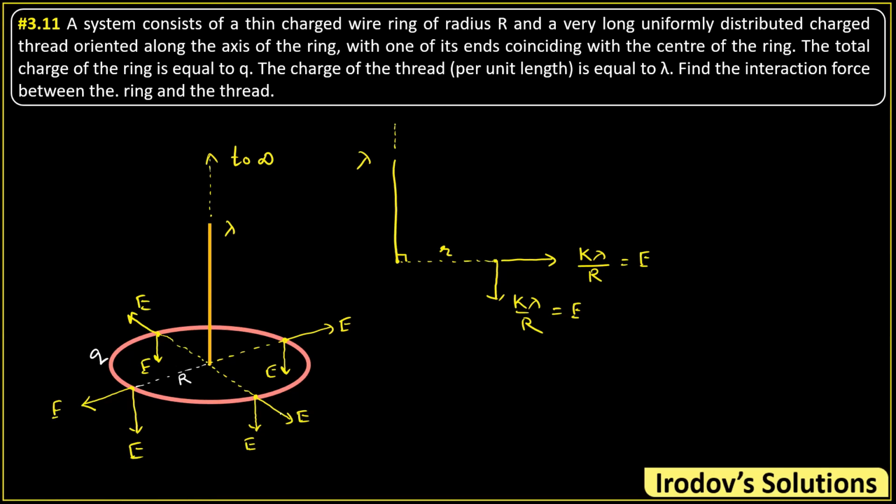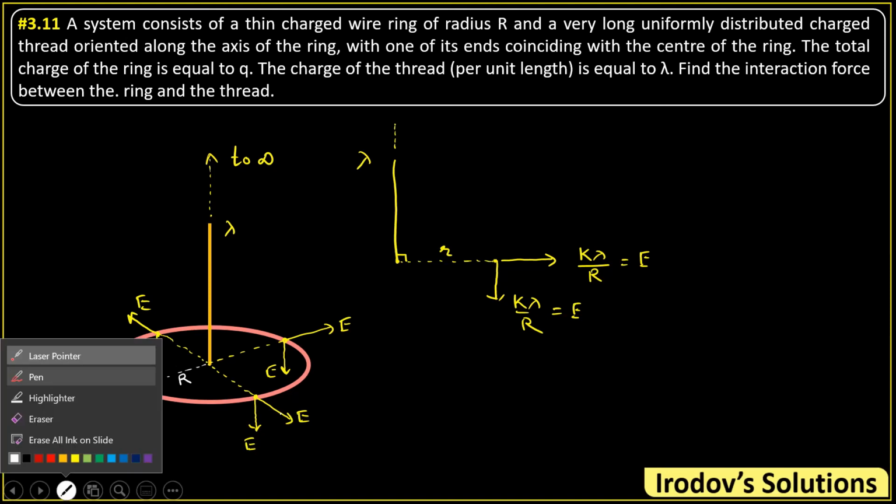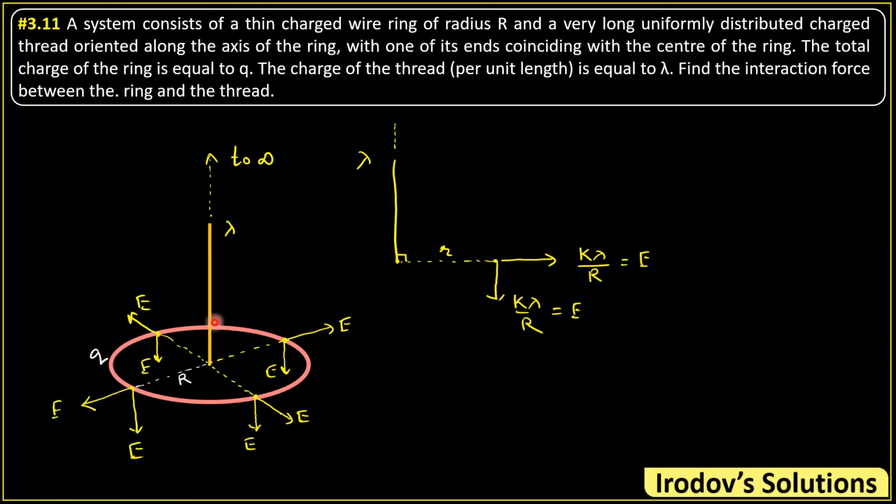So at all the points of the ring, the net force due to these components of the electric field will be 0. But because of the electric field in the downward direction, the force will keep on adding up. So we can think that this ring is in a uniform electric field E directed in the downward direction. So the net force on this charged ring will be in the downward direction, and that will be simply Q into this E.